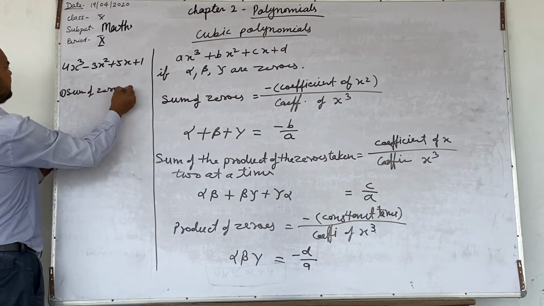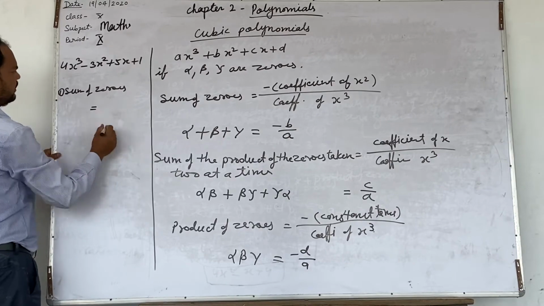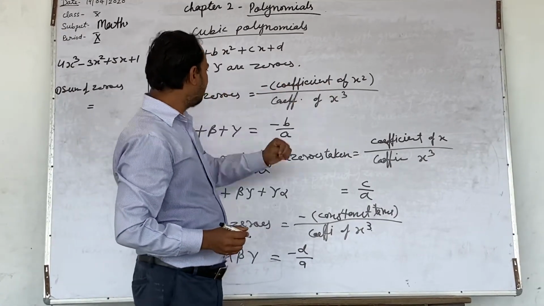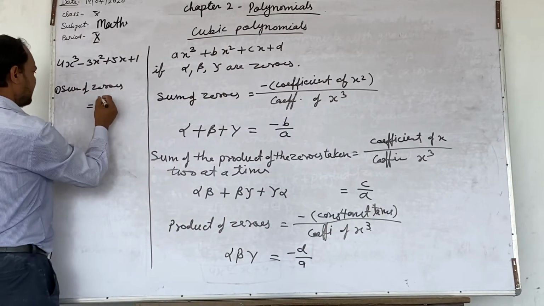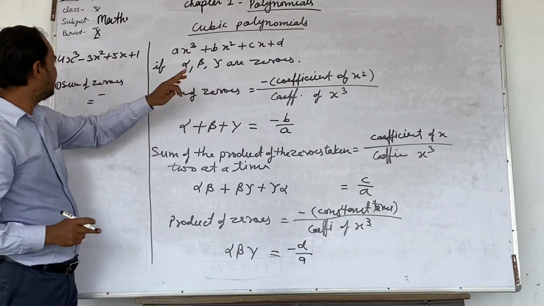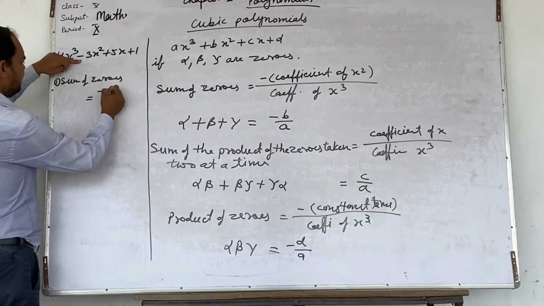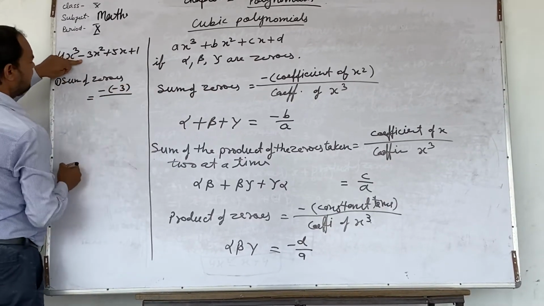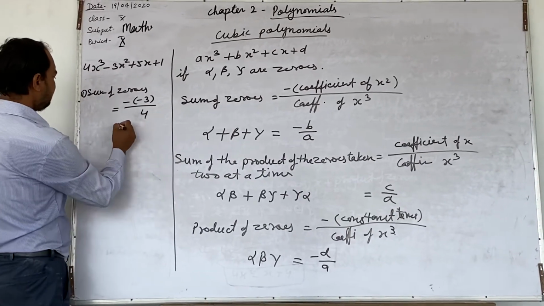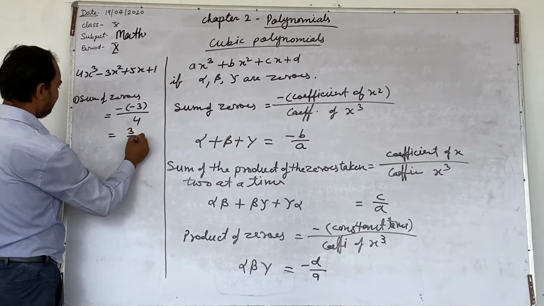Sum of zeros is equal to, see your formula, minus coefficient of x square. So this minus is by the formula. Coefficient of x square means minus 3 upon coefficient of x cube means 4. This will be 3 upon 4.